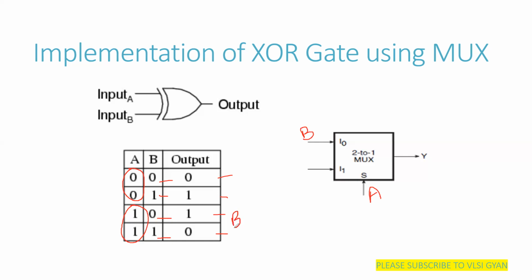Here you have complemented output, right? It is nothing but the complement of the other input, B bar. So this is what we are going to implement in our multiplexer. So this is my XOR gate. When A is 0, it is B. When A is 1, it is B bar.